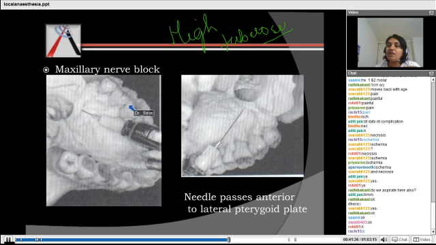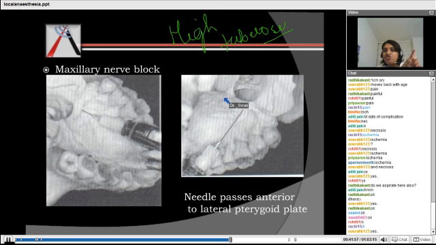Okay. But there is one more way you can reach it. You can actually put your needle inside the greater palatine canal, straight, and it will go and come out in the pterygopalatine fossa. You all know the pathway of the greater palatine canal. It comes actually straight from the pterygopalatine fossa. So if you put your needle and let it go deep inside the canal straight, it will go into the pterygopalatine fossa, and you can give a maxillary nerve block through the greater palatine canal. Actually, I've seen this technique being done.